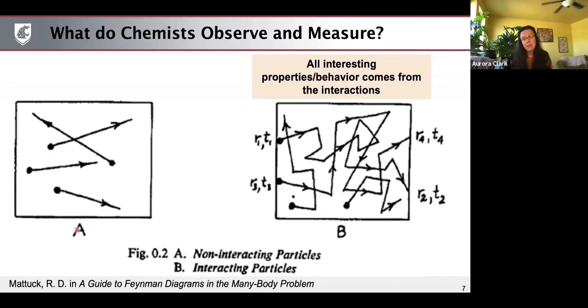And so on the left-hand side, we have a series of non-interacting particles that just exhibit random motion. And on the right-hand side, we have particles that interact with one another, and they correlate their behavior with one another. And so they influence each other's position and time-dependent behavior.